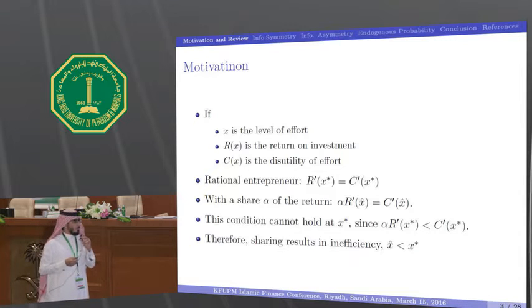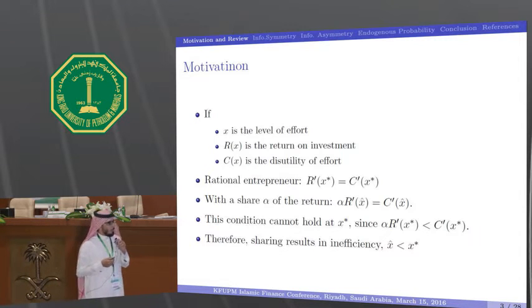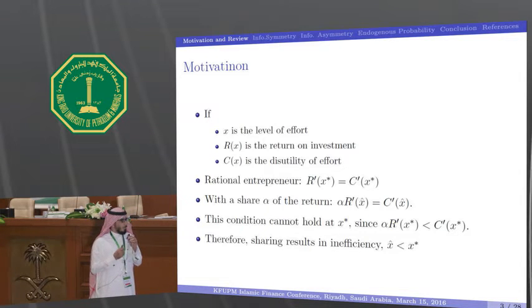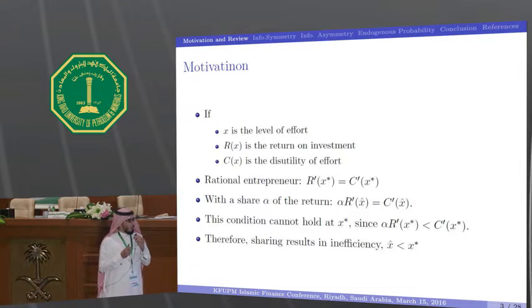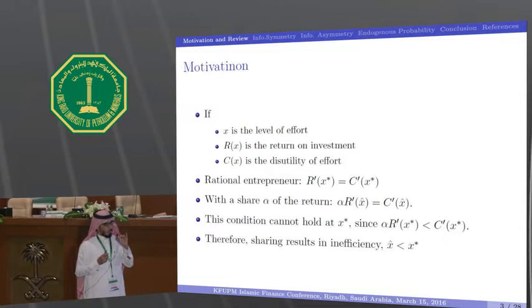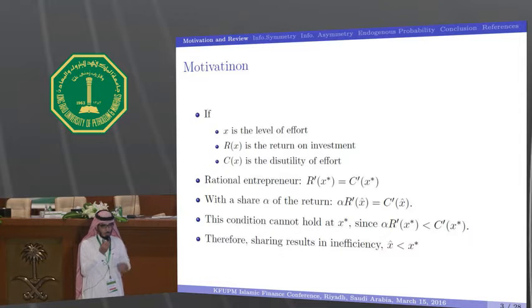If X is the level of effort, R(X) is the return on investment, and C(X) is the disutility of effort, then a rational entrepreneur will maximize his function at X star. So if there is a sharing arrangement, then in the first case he would get the full marginal return of his effort.